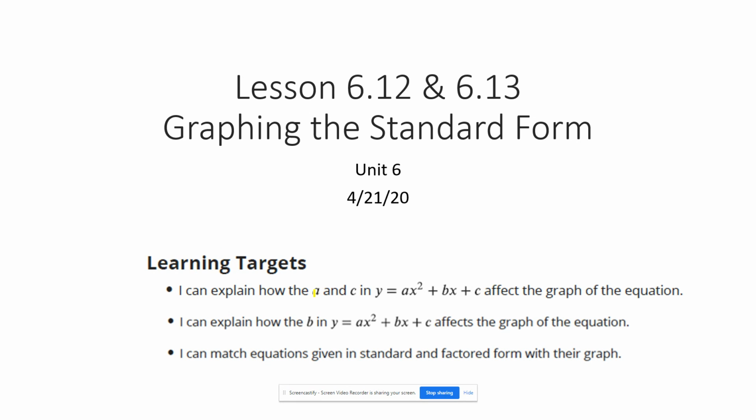I can explain how the a and the c in the equation y equals ax squared plus bx plus c affect the graph of the equation. You're going to be able to explain how the b in the equation y equals ax squared plus bx plus c affects the graph of the equation. And you're going to be able to match equations given in standard form and factored form with their graphs.